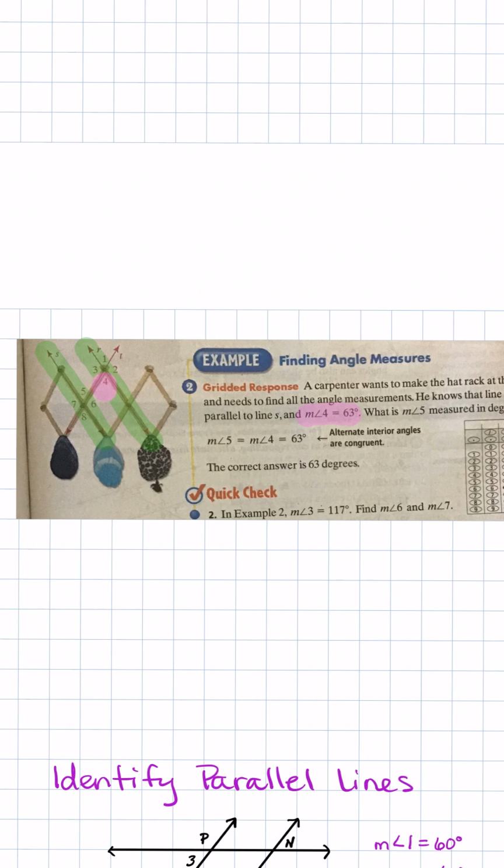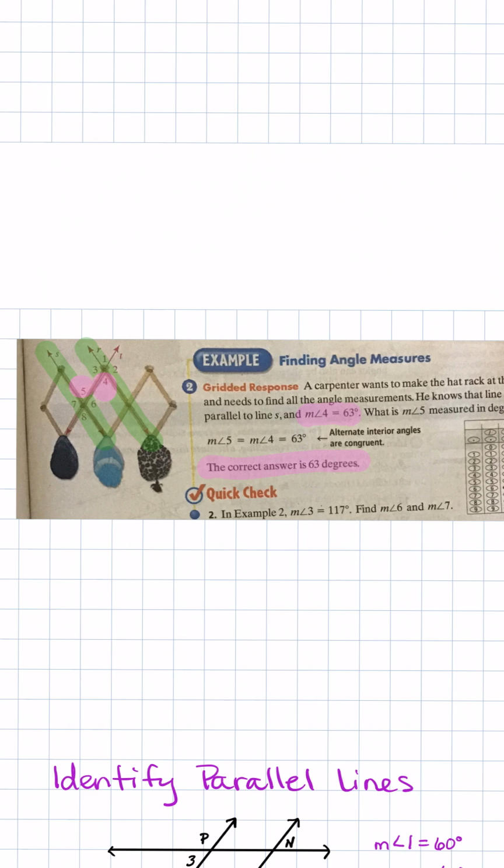What is the measurement of 5 in degrees? If we know that 4 is 63 degrees, then we know that 5 is also 63 degrees. So the correct answer is 63 degrees.